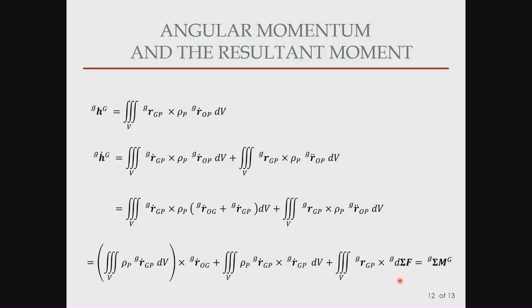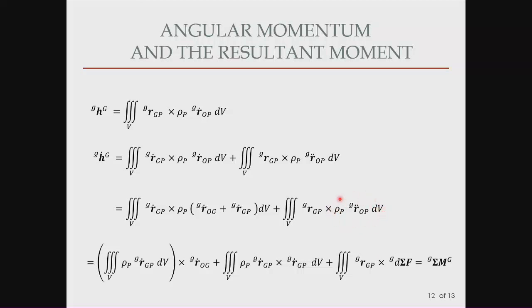And this part, what did I do? I changed the R. If you think of ROP double dot as the acceleration of point P times rho dV, the mass of point P, so this is the MA.